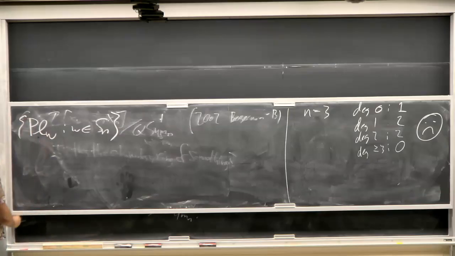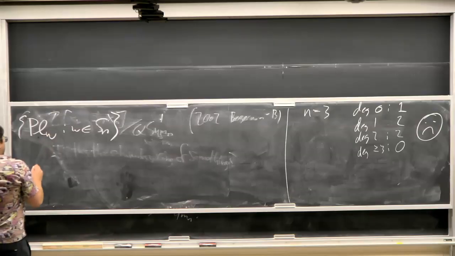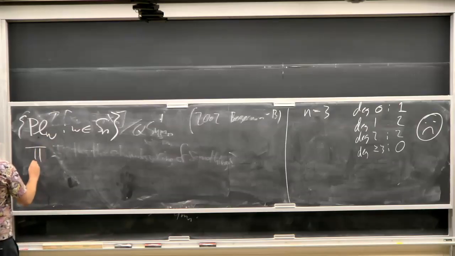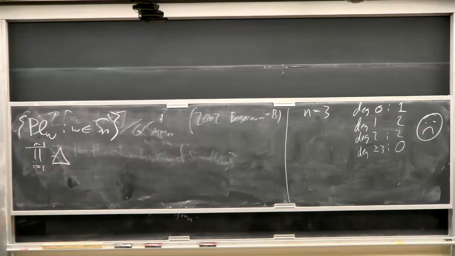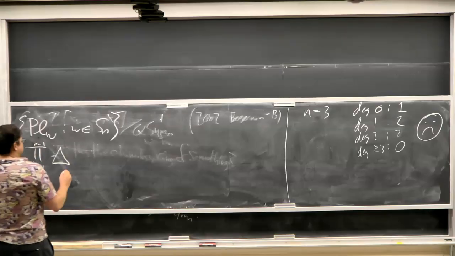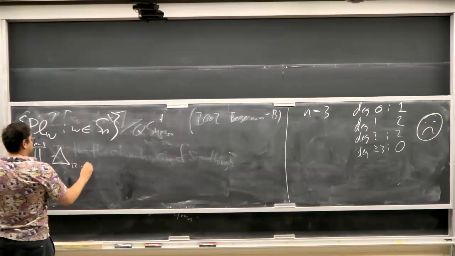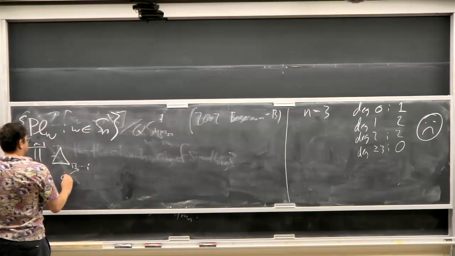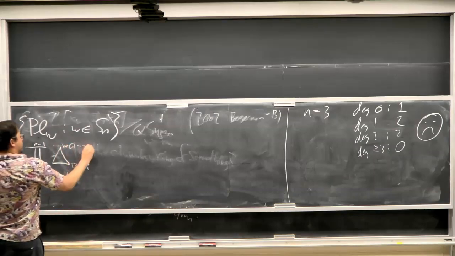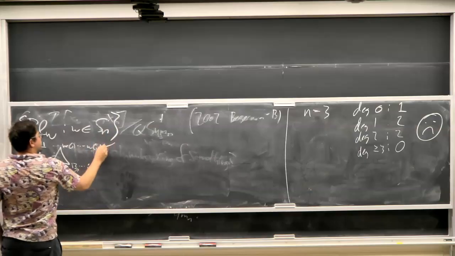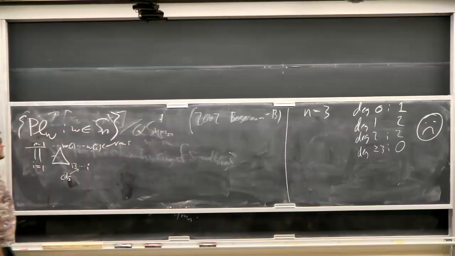So how this Plücker coordinate is going to be defined is we're going to take a product from i equals 1 to n minus 1 of the determinant. I'm going to take submatrices of my full matrices, and it's going to use columns 1 through i, and the rows are going to be W of 1 through W of i.